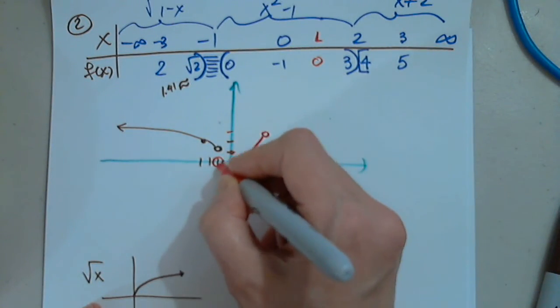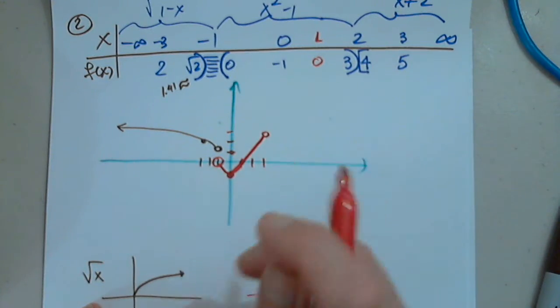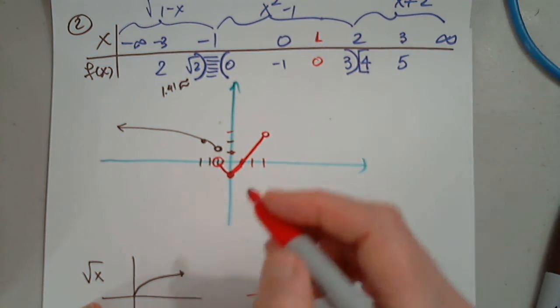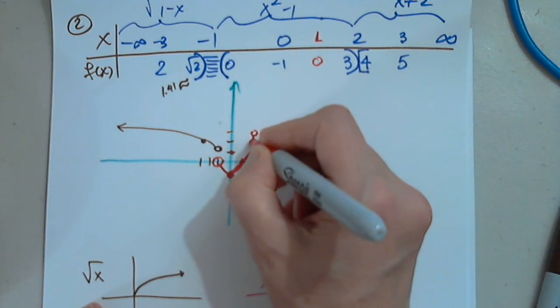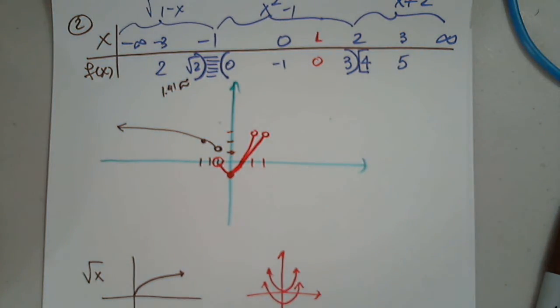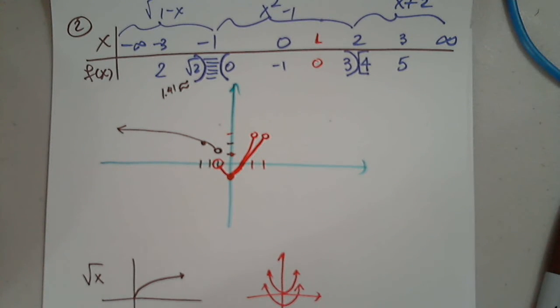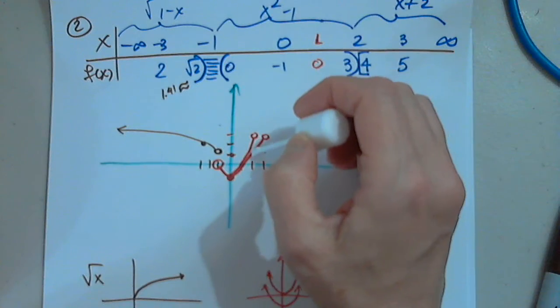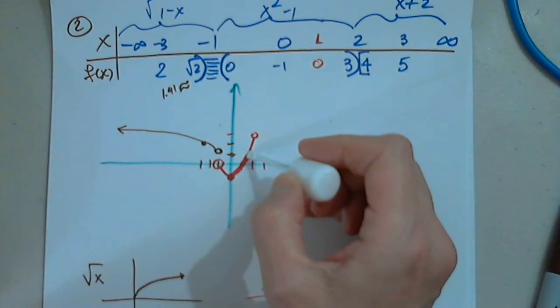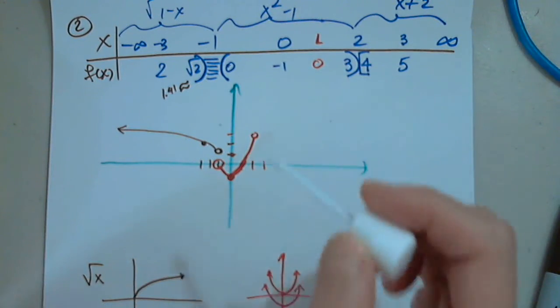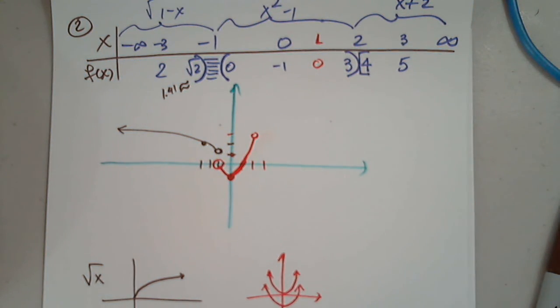Do not graph it as a straight line. It's not a straight line. Ah, I see what I did. That's why it was weird. It made no sense. So it's 2, 3. I went too far to do another point.